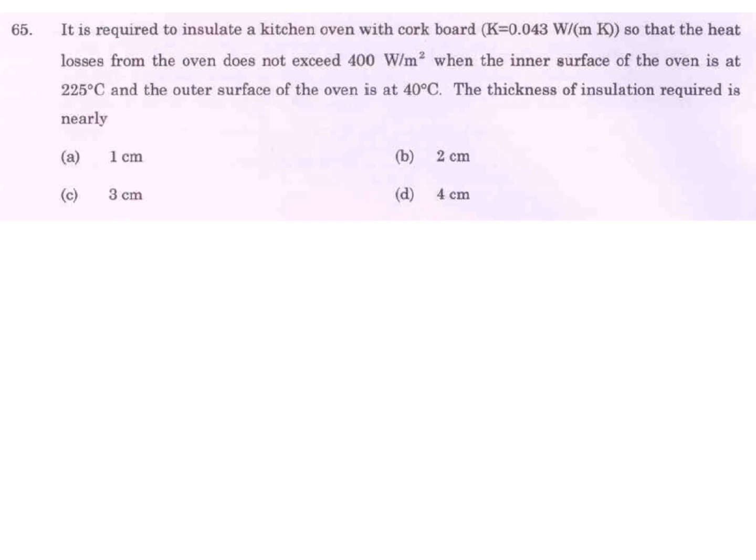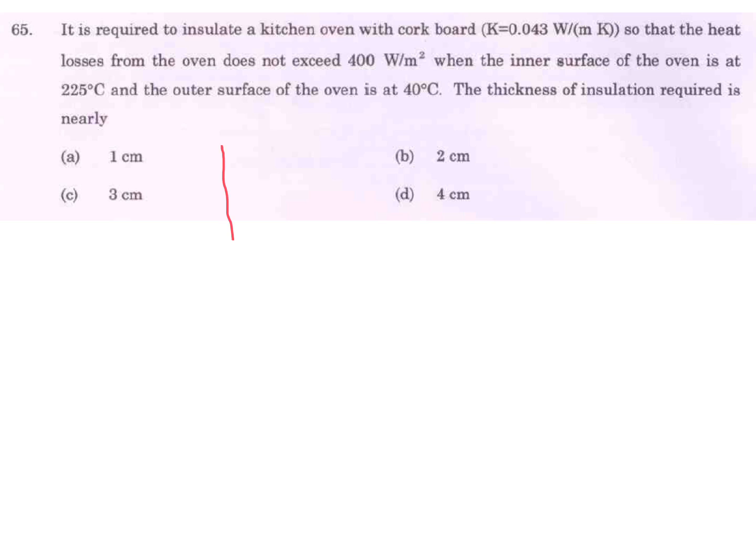It is required to insulate a kitchen oven with cork board, K equal to thermal conductivity given 0.043 watt per meter Kelvin, so that the heat losses from the oven do not exceed 400 watt per meter square. Q by A also given. When the inner surface of the oven is at 225 degrees Celsius and the outer surface of the oven is at 40 degrees Celsius, the thickness of insulation required is nearly how much?